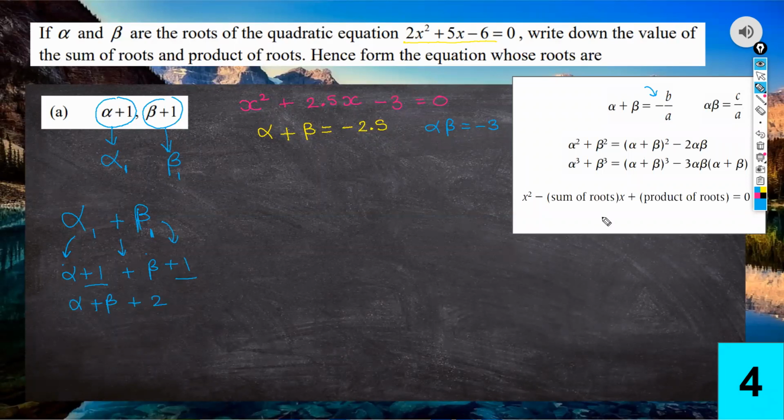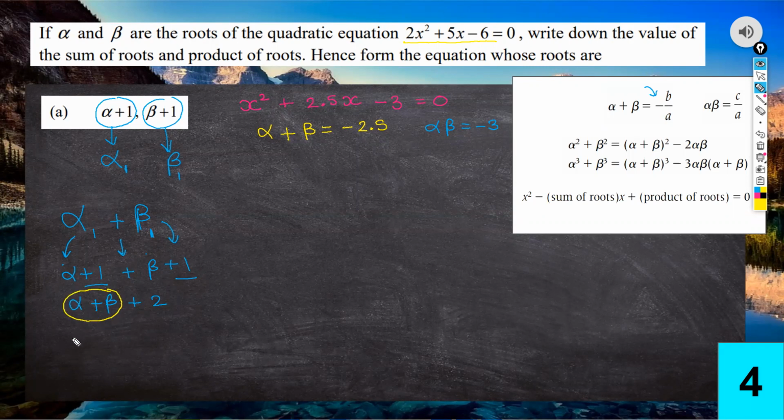Right? And remember, we have a value for the original alpha plus beta. What's the value for the original alpha plus beta? Minus 2.5. So we're using the original quadratic to assist us with the new quadratic, right? We're going to steal values when possible.